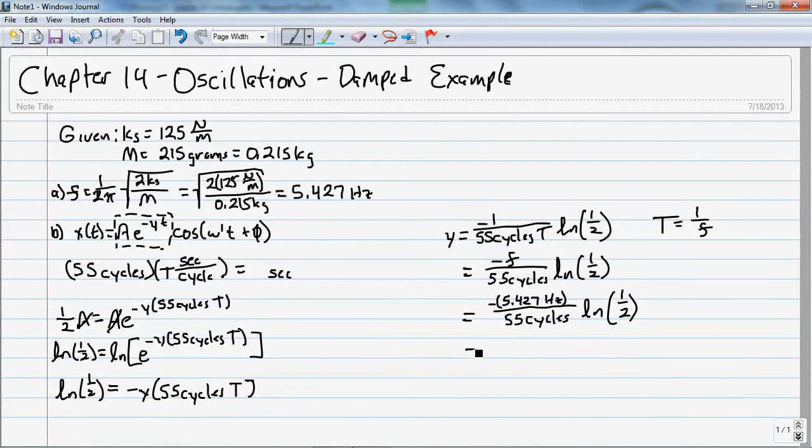And I get a gamma value of about 0.068 per second. This value is so small that it makes our approximation close. We can use this.